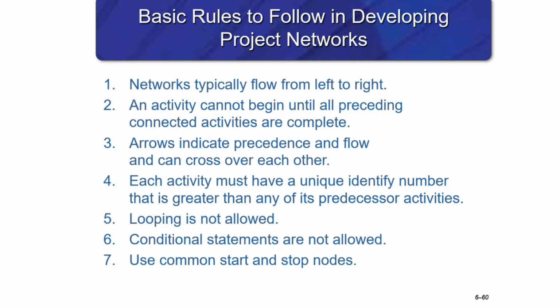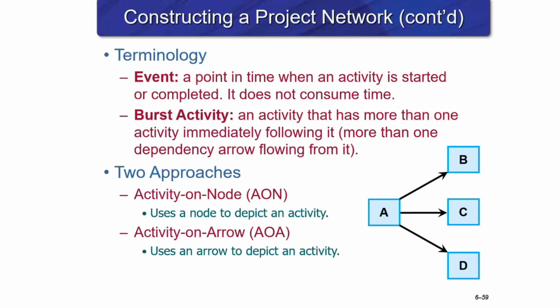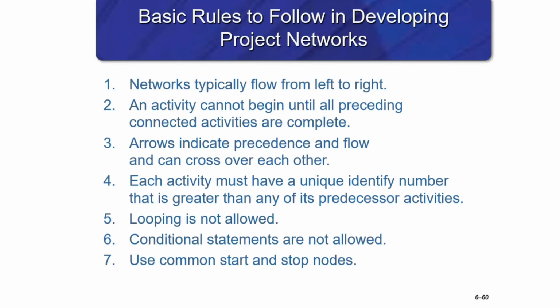Another rule needed to remember when doing the diagram: the network typically flows from left to right, and an activity cannot begin until all preceding connected activities are completed. So that's the theory part. Okay, strictly speaking, if A is not finishing, then B, C, D cannot start. Another rule is arrows indicate precedence and flow and can cross over each other.